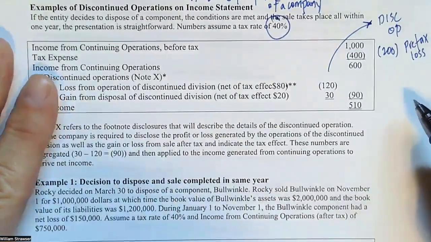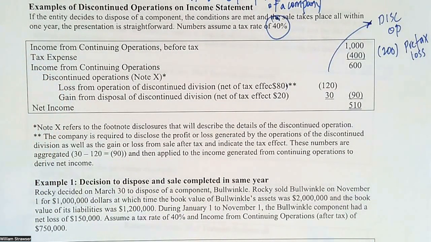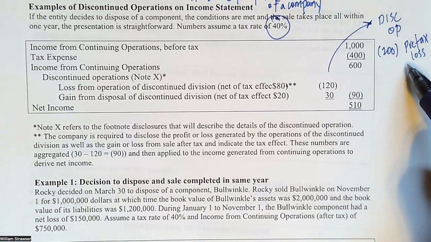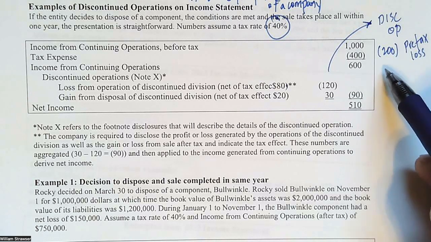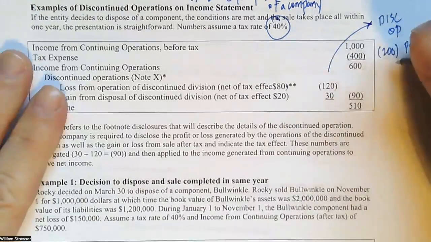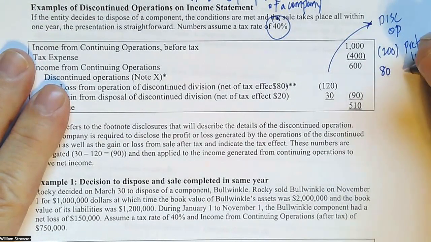Now, when you have a loss, the tax is no longer a tax expense. It's actually a tax abatement, a tax savings, because we don't pay taxes on losses. We only pay taxes on profits. So if we have a $200 loss, then rather than paying $80 of additional tax, we get an $80 benefit, which tends to be labeled as a tax provision because it's no longer an expense.